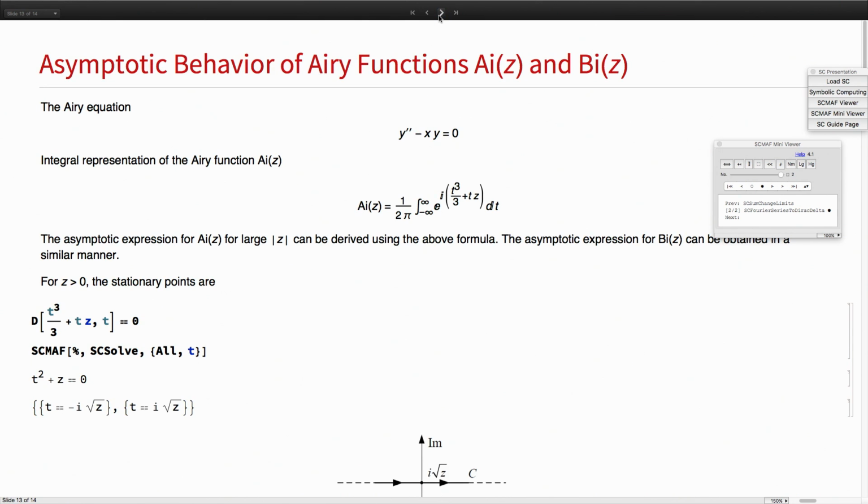Analysis of the function in this area must be done using other methods for the asymptotic series. Finally, let me go briefly over the asymptotic behavior of Airy functions. This is the Airy equation, and this is the integral representation of Ai.